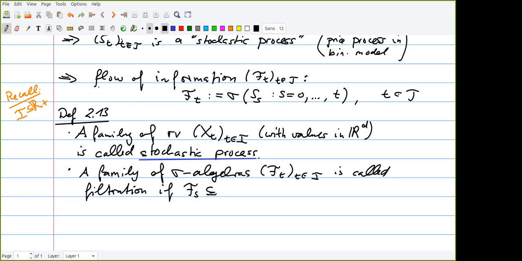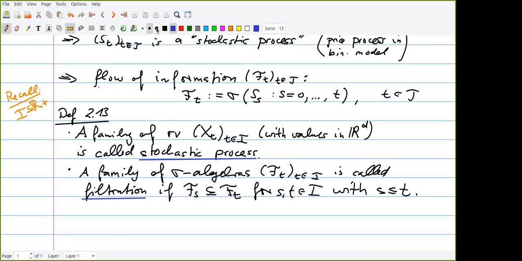So if you compare the sigma algebra at time s with the sigma algebra at time t, or of course two elements in I, then the sigma algebra at time t is bigger if t is bigger than s. That's called a filtration.